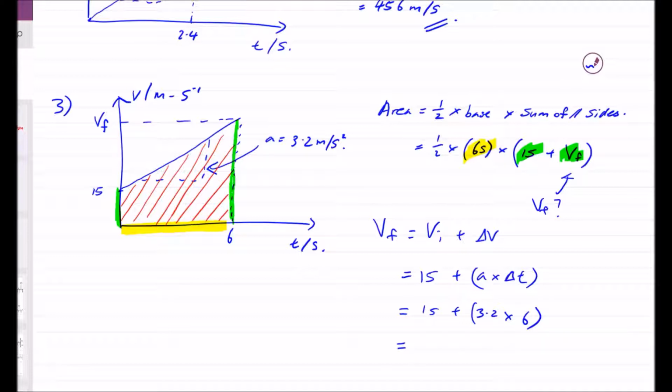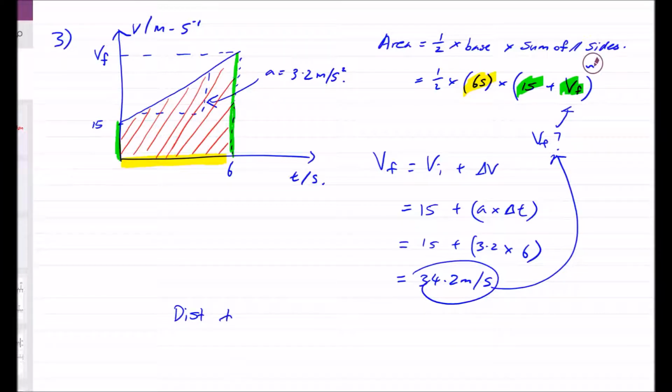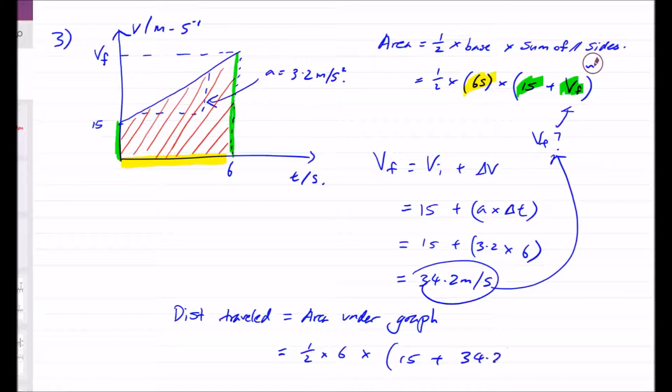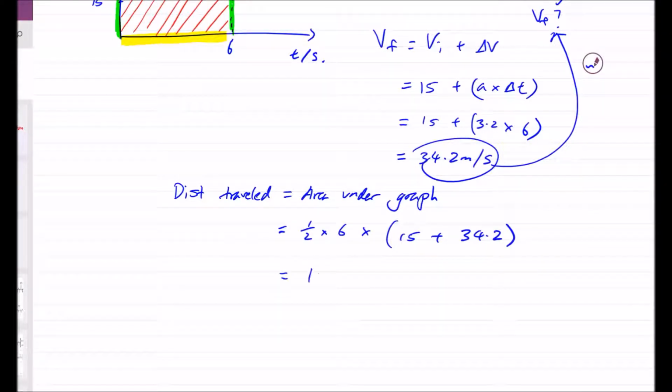If you punch this into the calculator, you will get 34.2 meters per second. Just put this number into the previous equation. Distance traveled equals area under graph, which equals half times 6 times 15 plus 34.2. The answer is 147.6 meters. So this is the answer.